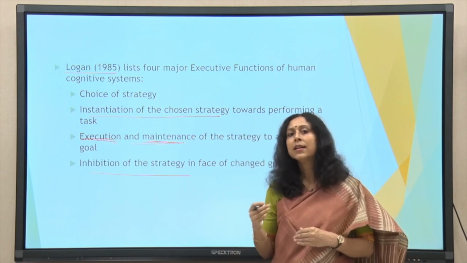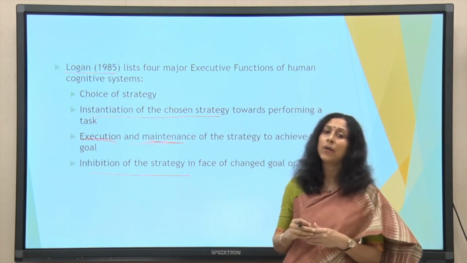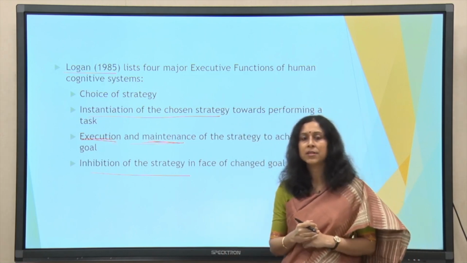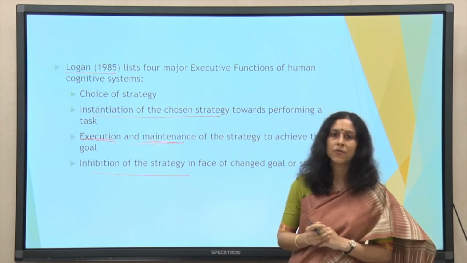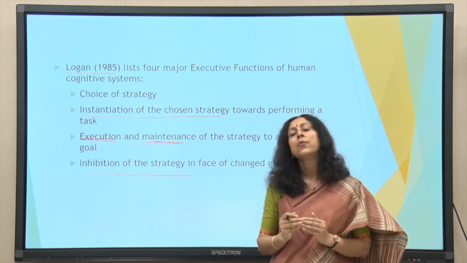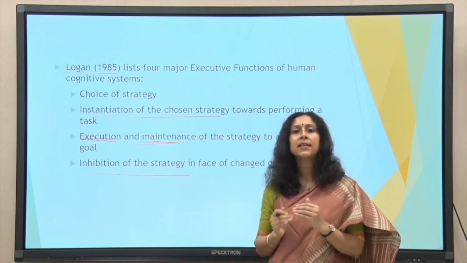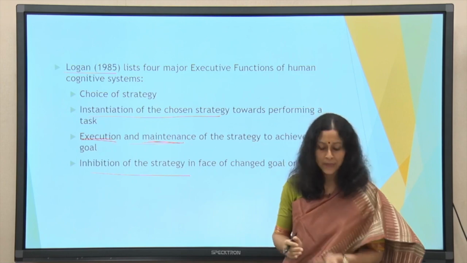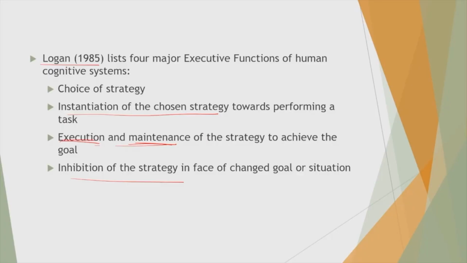This is, you can see, in many ways similar to our attentional engagement and disengagement loop that we talked about. So, we orient our attention, we engage our attention and then disengage, and then the cycle goes on. That is why it is important to understand executive function, also keeping in mind the attentional network.